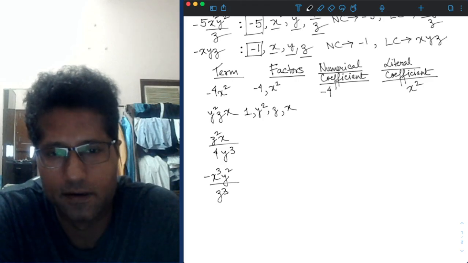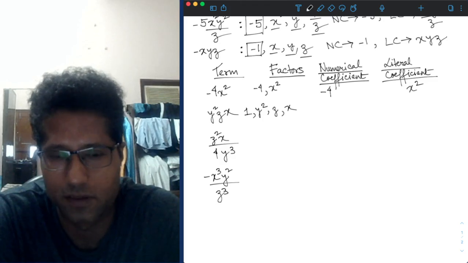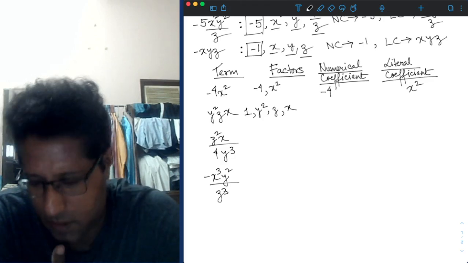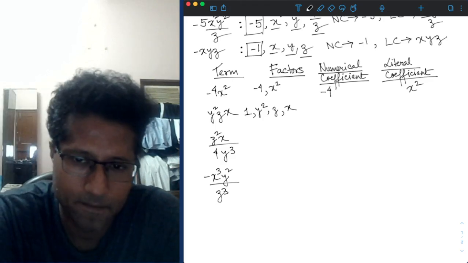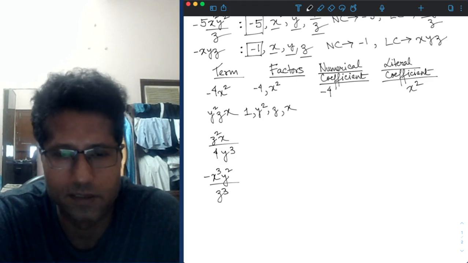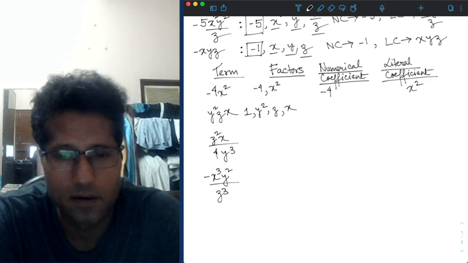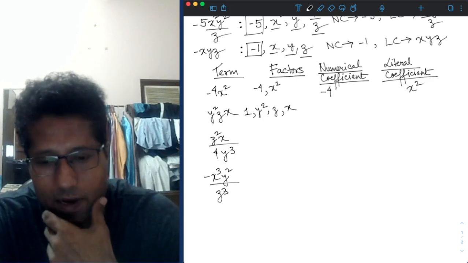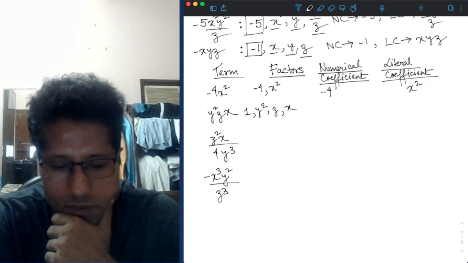If there is no specific constant, like minus 1 or any specific value in a term, then plus 1 is assumed to be its numerical factor, and if the term has no specific constant and it's a negative term, like minus xy, then we take minus 1 as the numerical factor.